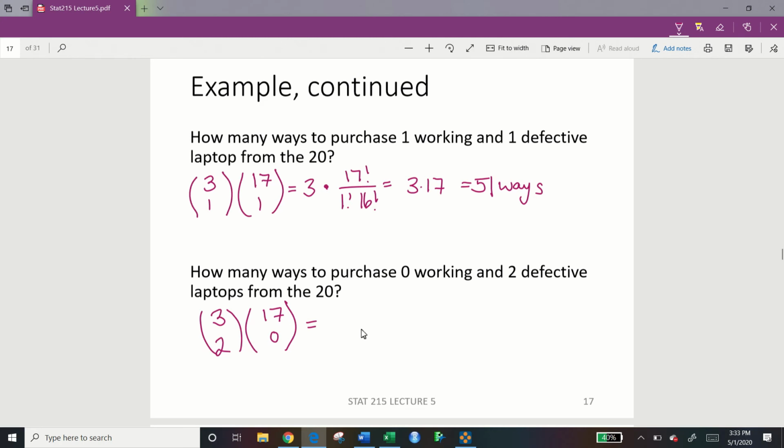Using our skills, this is going to be 3 factorial over 2 factorial multiplied by 1 factorial multiplied by 1. Remember, anything that's n choose 0 is going to equal 1. So this is simply going to equal 3 times 1, which equals 3. So there are only 3 ways to purchase 0 working and 2 defective laptops from the 20.